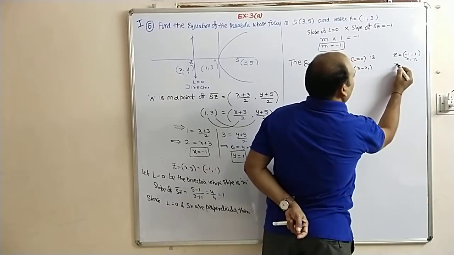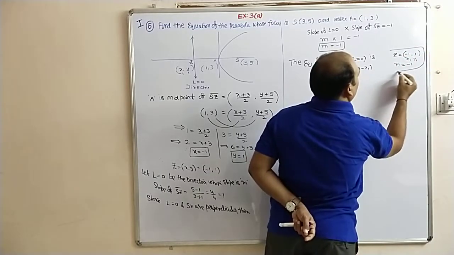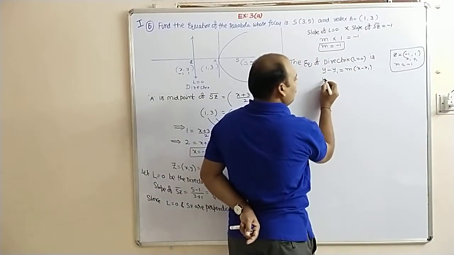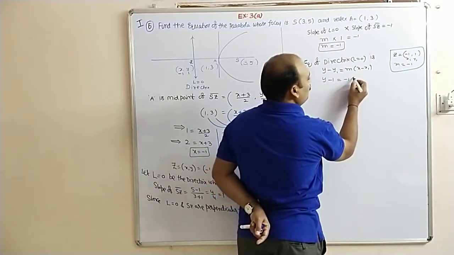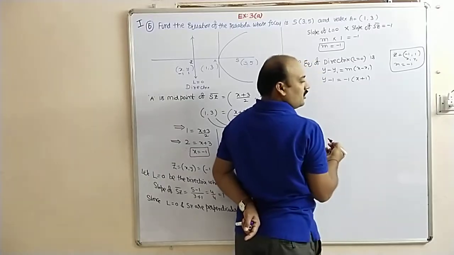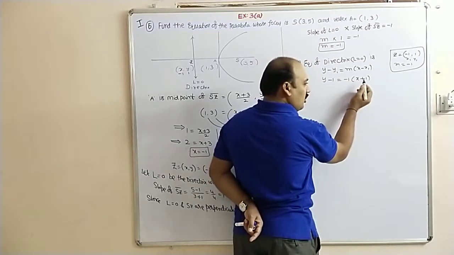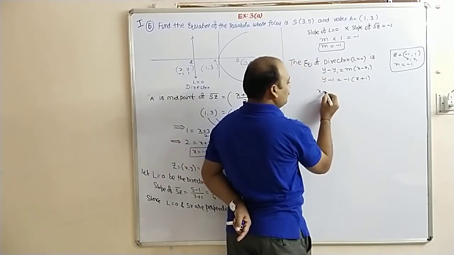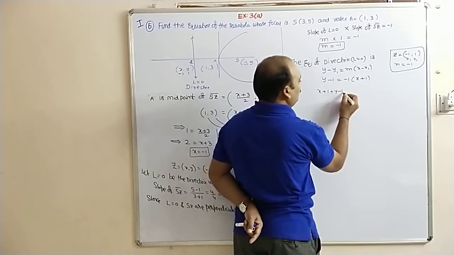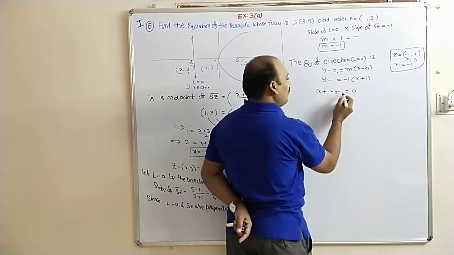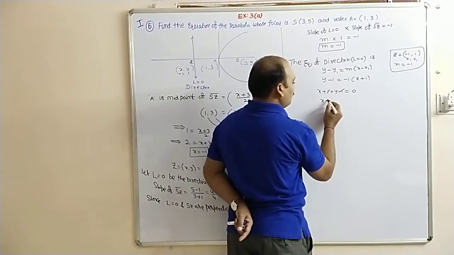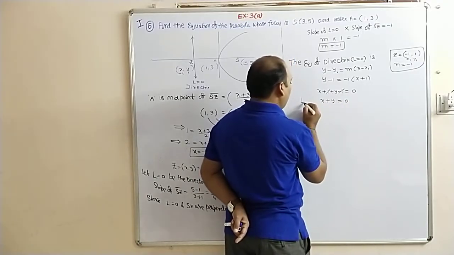Minus 1 comma 1 and m is equal to minus 1. This information we have. Substitute in this. y minus 1 equal to minus 1 into x minus of minus 1. So minus 1 into this value completely, you can take this side, it will become x plus 1 plus y minus 1 equal to 0. So we will get minus 1 plus 1 cancelled, x plus y equal to 0. This is the directrix equation.